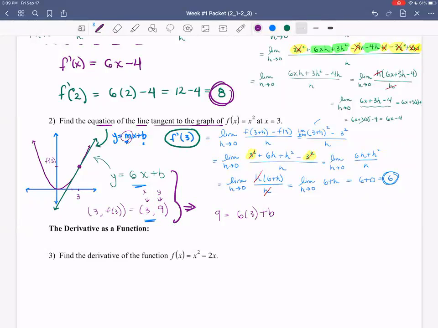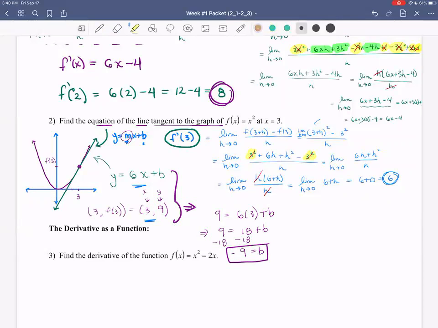Now I have an equation with just one unknown, b. Expanding this further, I have 9 equals 6 times 3, which is 18, plus b. I can subtract 18 from both sides, and I get 9 equals b. Actually, negative 9, right? Positive 9 minus 18. So we know b is equal to negative 9.